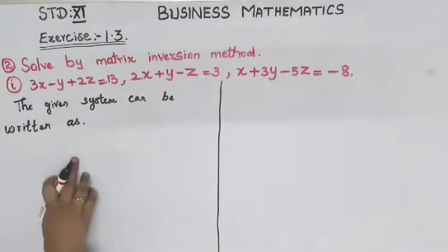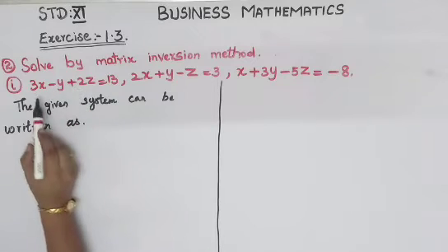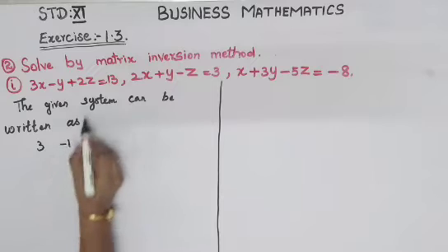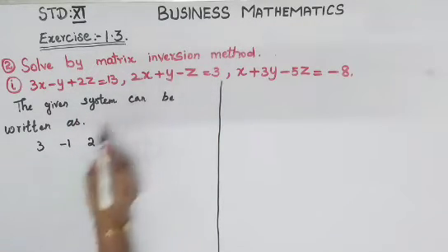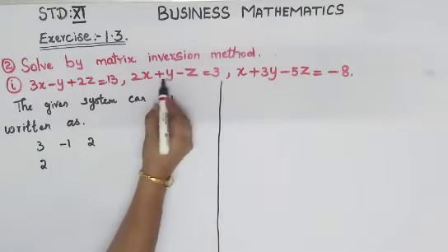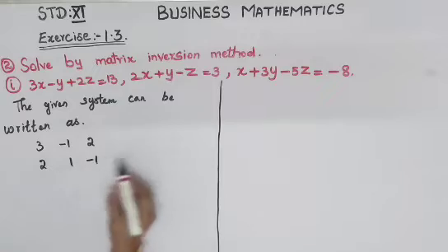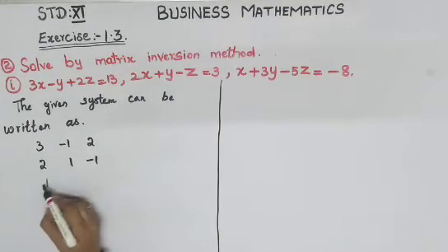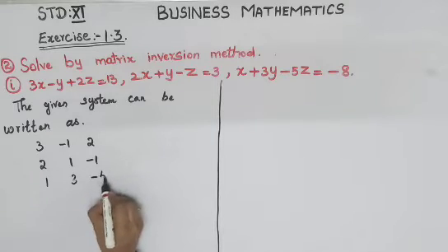Take the coefficients of x, y and z. The coefficients of the first equation are 3, minus 1, 2. For the second equation, the coefficients are 2, 1, minus 1. For the third equation, the coefficients are 1, 3, minus 5.